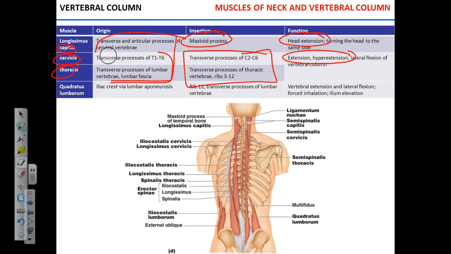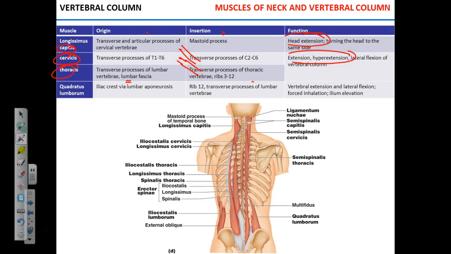Let me erase it. Look at the origin of longissimus capitis, cervical vertebrae, right? Look at the origin of longissimus cervicis, cervical vertebrae. Look at the origin of longissimus cervicis, thoracic vertebrae. Look at the insertion of longissimus thoracis, thoracic vertebra.